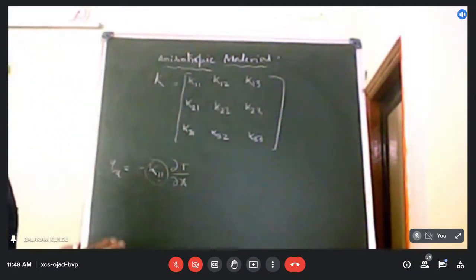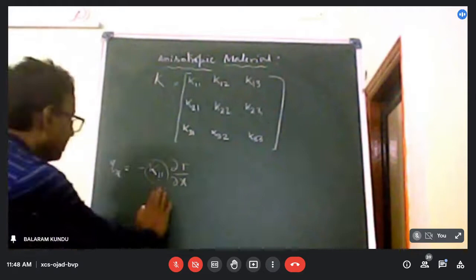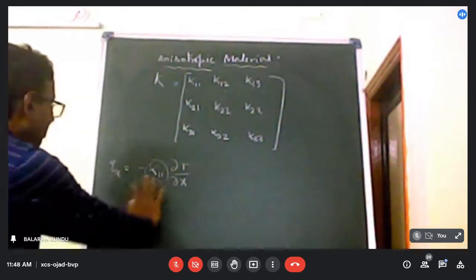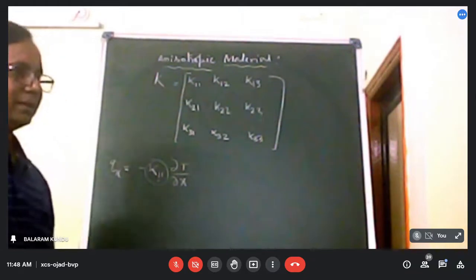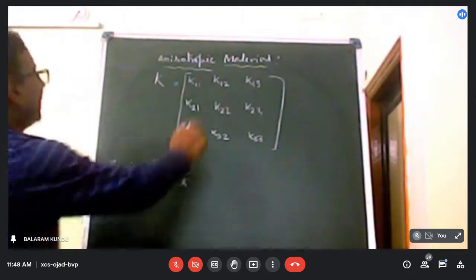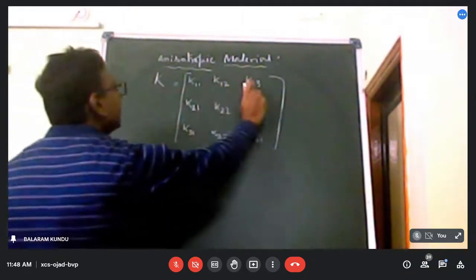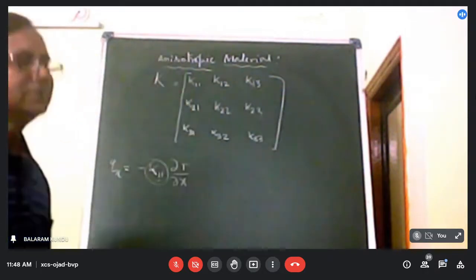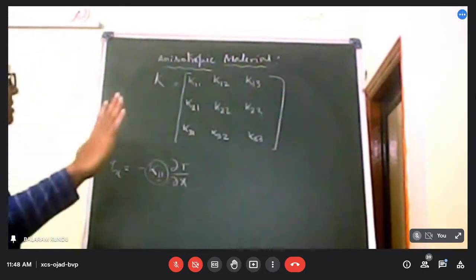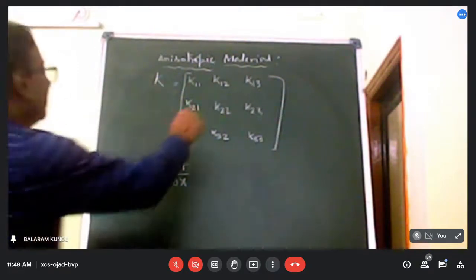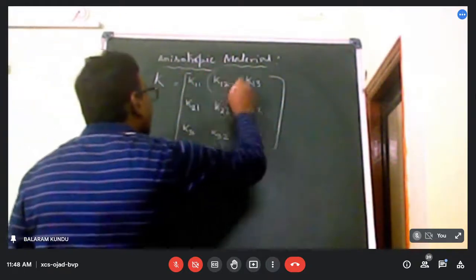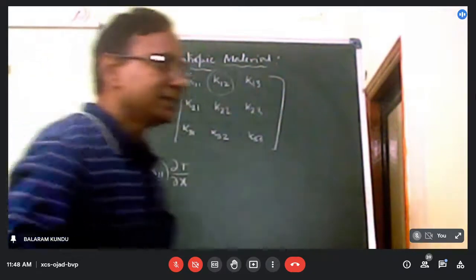That can be obtained by considering this expression equal to minus K11 into del T del x. So I already mentioned that. Three K's are there whose first suffix is 1, so another thermal conductivity component is there.